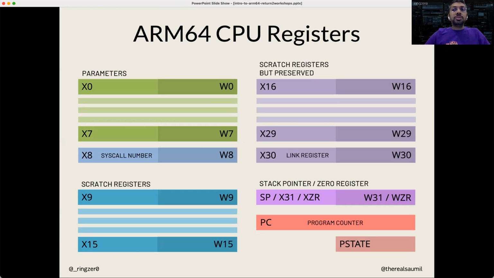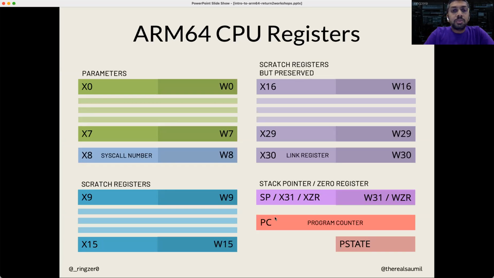If this register is used in any other instruction, it will function as a 0 register. It's also called XZR. A 0 register does nothing except return 0. Whenever you read it, it will be 0. Like, okay, what's your value? 0. If you're referring to X31 during push and pop or stack operations, it will show the stack value. If you refer to it other than in stack operations, it will show you a 0 value. I'm simplifying this a little bit, but basically, this register behaves differently when it comes to different instructions.